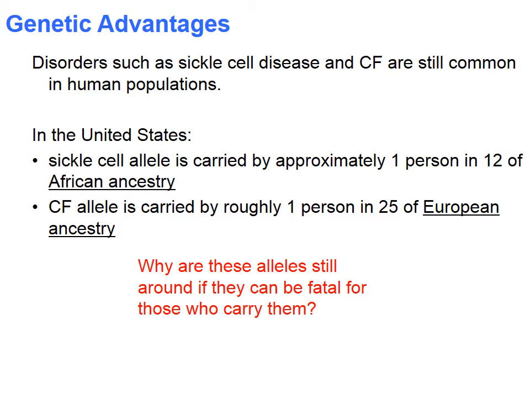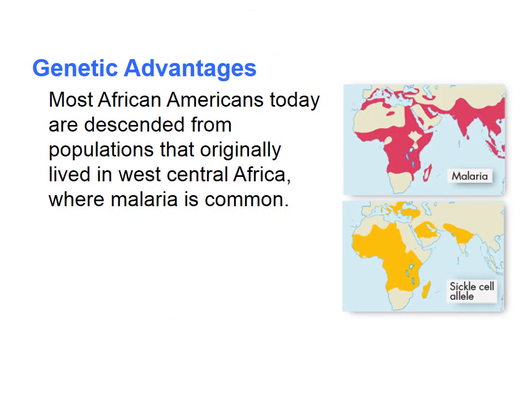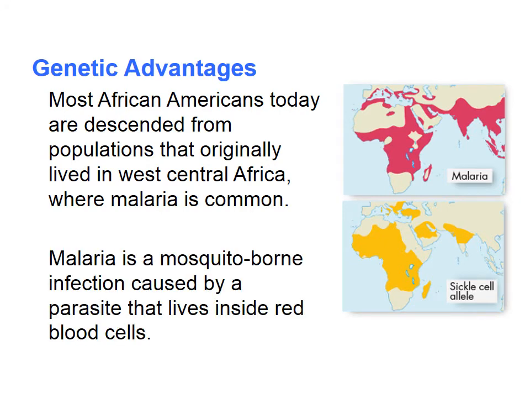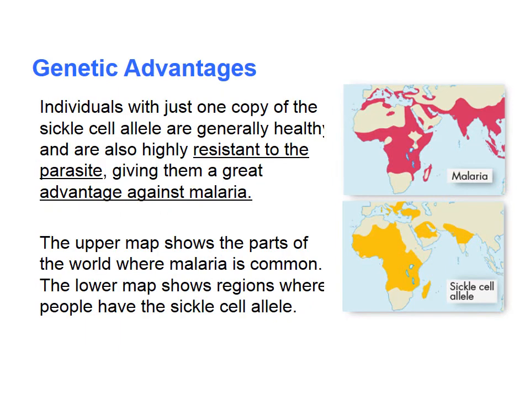Well, it's funny because sometimes with genetic diseases come genetic advantages. For instance, the people who have sickle cell are immune or have a resistance to a disease called malaria. Malaria is passed through mosquitoes. When mosquitoes bite you, they can infect the person with a parasite, and the parasite is what is malaria. And that parasite lives inside red blood cells.